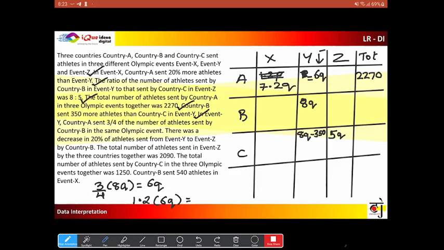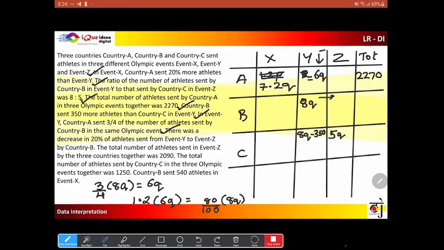Okay. Now, so in event Y, A sent 3/4 of the number of athletes sent by B in the same event. Okay. Now, there was a decrease of 20% in athletes sent from event Y to event Z by country B. So from Y to Z, if there was a 20% decrease, can I say 20% decrease means 80% of 8Q was sent?